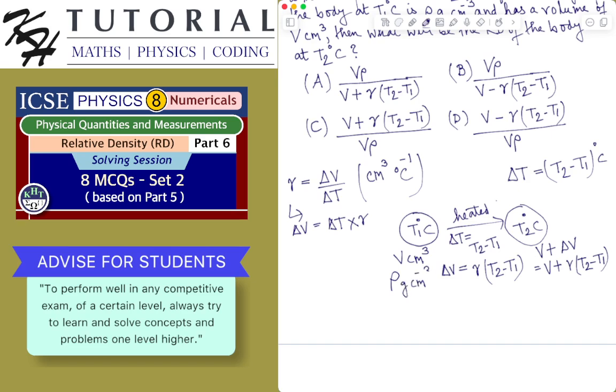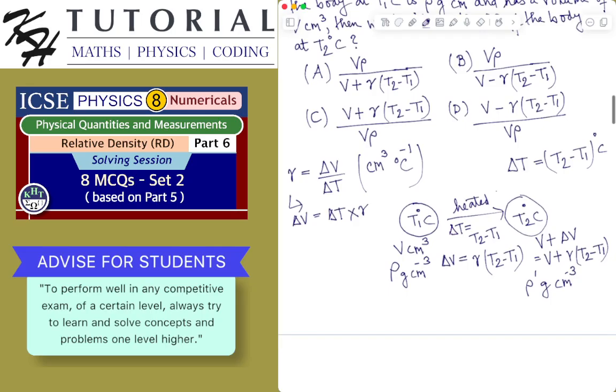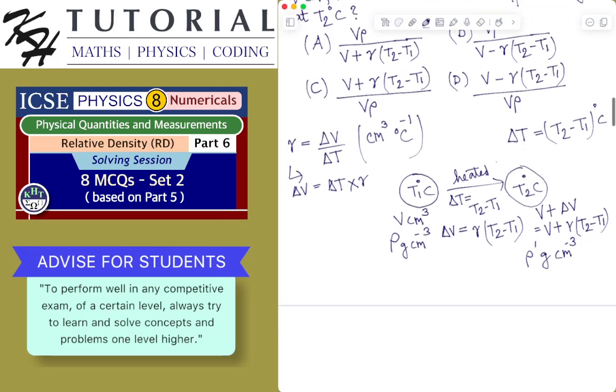Let's say the density of the body at T2 degree centigrade is sigma dash gram per centimeter cube. We have to first find sigma dash. If we can find sigma dash, then from the density we can easily find its relative density.